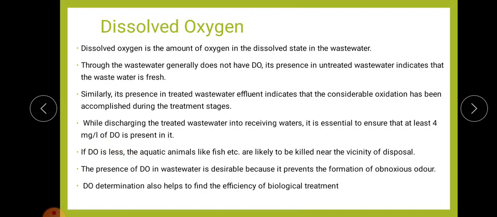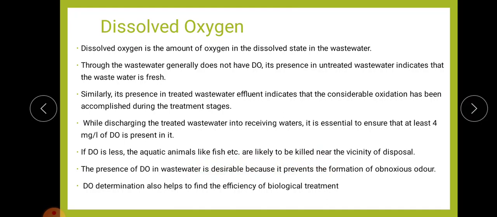Otherwise, it will affect the life of aquatic animals like fishes. If the dissolved oxygen is less, aquatic animals like fish are likely to be killed near the vicinity of disposal. So there should be a minimum of 4 milligram per liter of dissolved oxygen if we are disposing the treated sewage into a river.